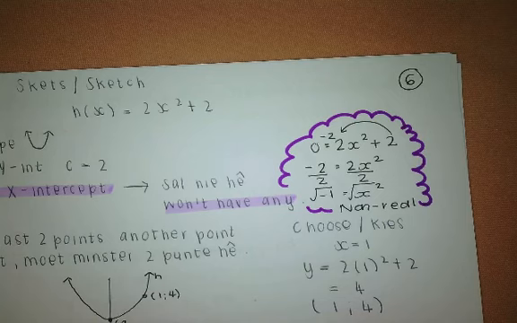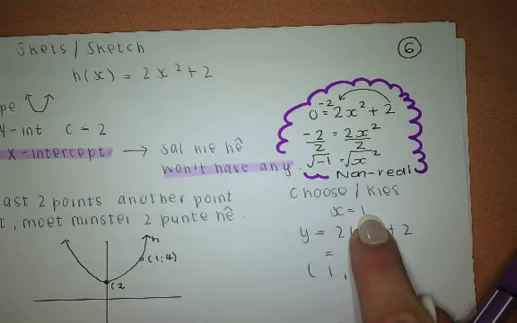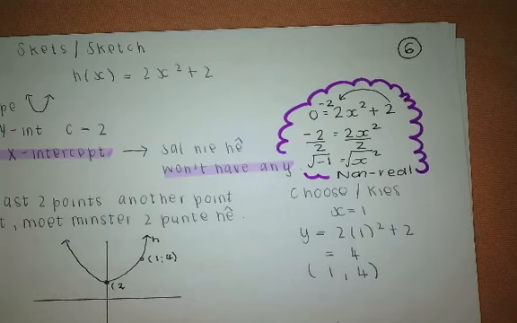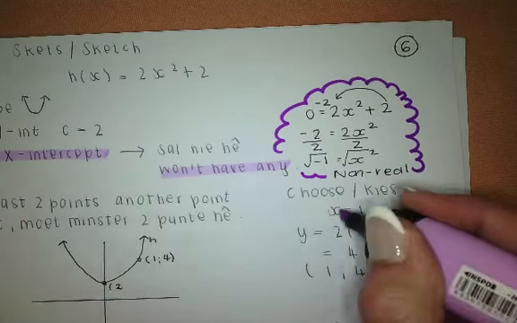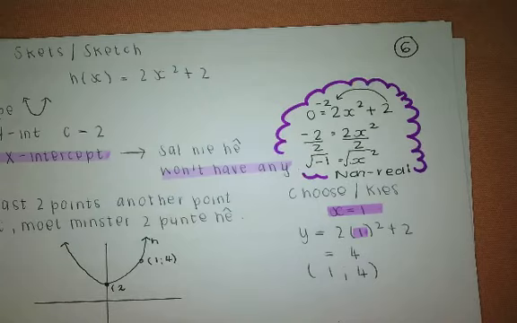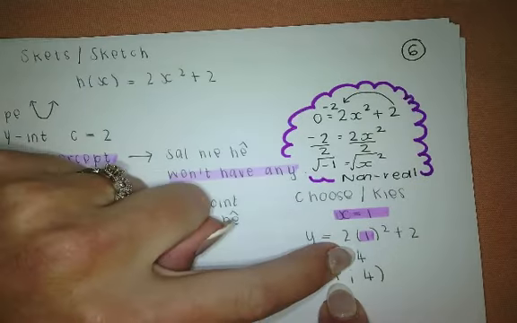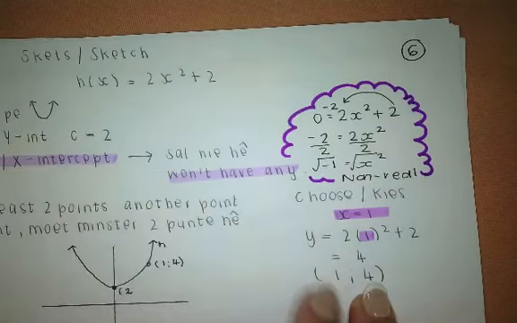So all you're going to do is substitute x equal to 1, so we have another point to plot. We choose x equal to 1. Wherever there's an x, I substitute in that 1. Put that into your calculator. The y value for the 1 that I've just substituted in is 4.